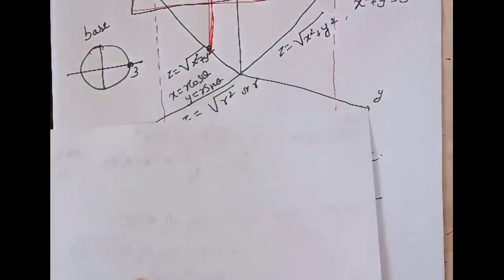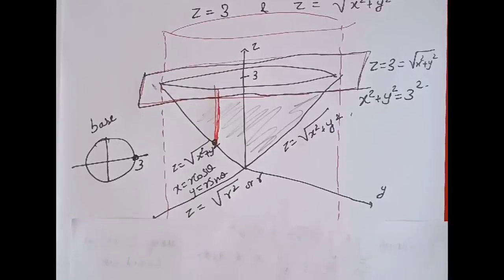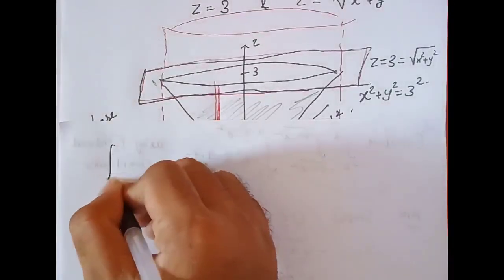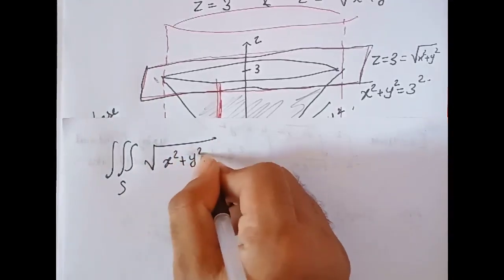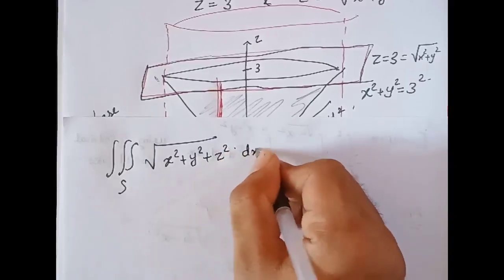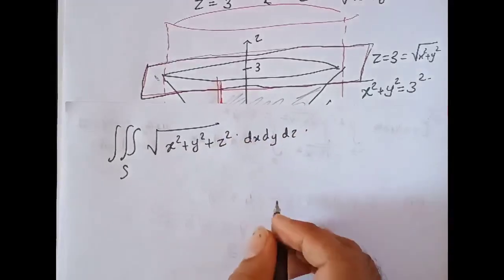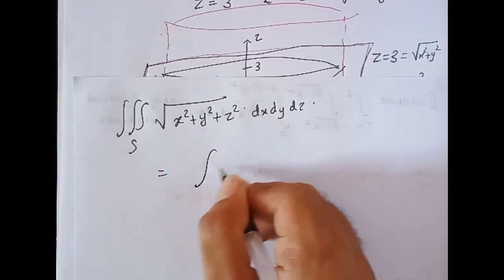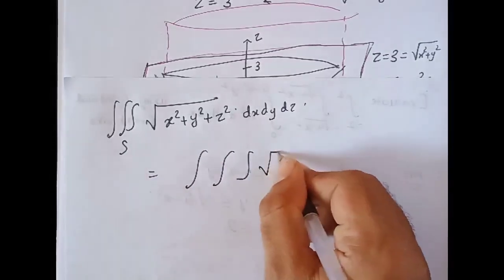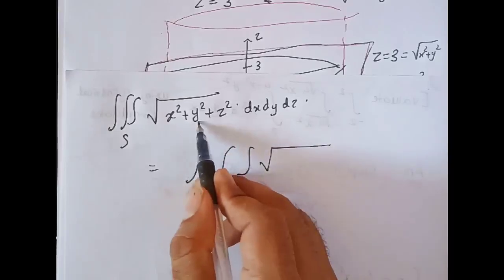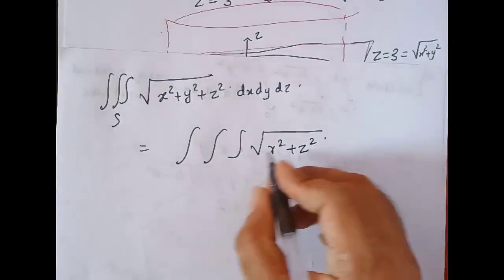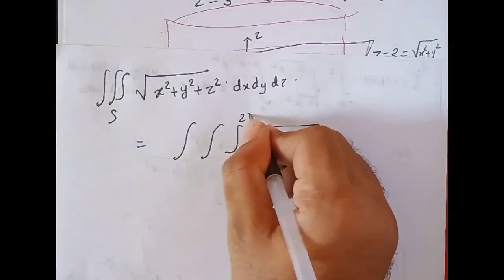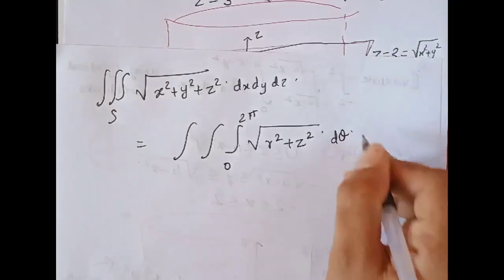Now we will try to integrate our function. So we use our coordinate system now. The triple integral over S of square root of x square plus y square plus z square dx dy dz, I will now convert into the integral of square root of r square plus z square, since x square plus y square is r square. For simplicity I will take theta from 0 to 2 pi first.